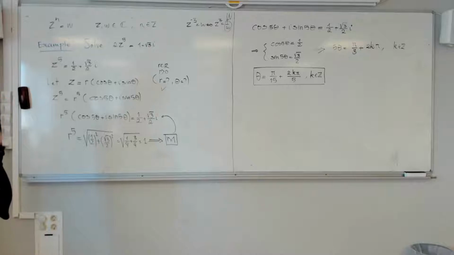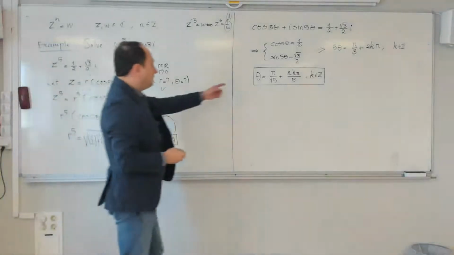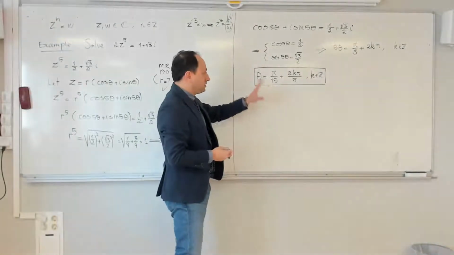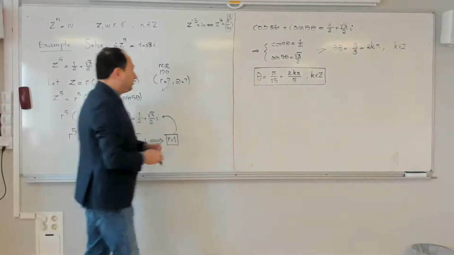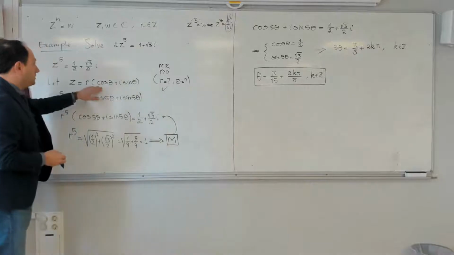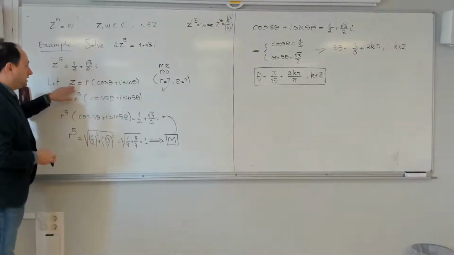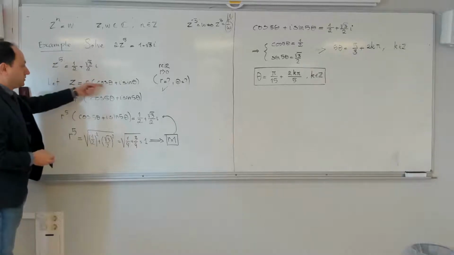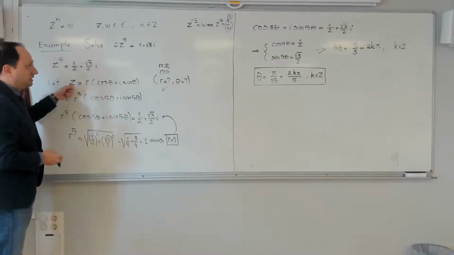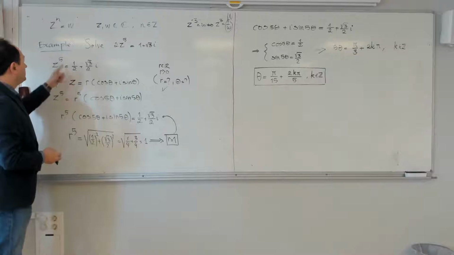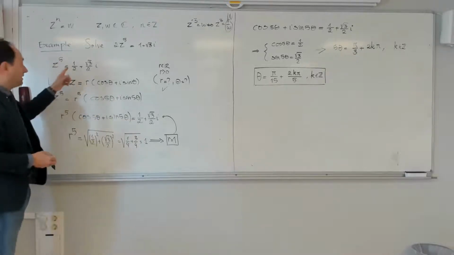They will start repeating themselves after a while. So even though I have infinitely many thetas, if I plug them back into this equation to find z, I will get infinitely many forms for z, but they will fall into 5 categories. You will see. And this is crucial.